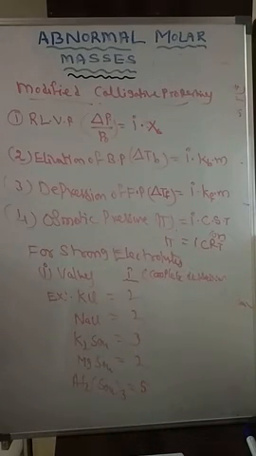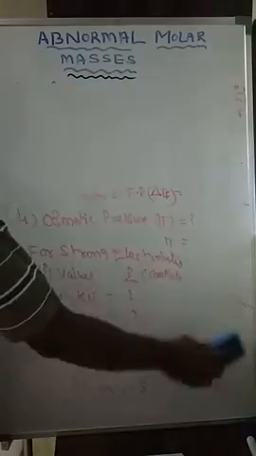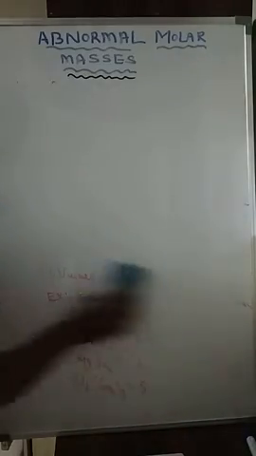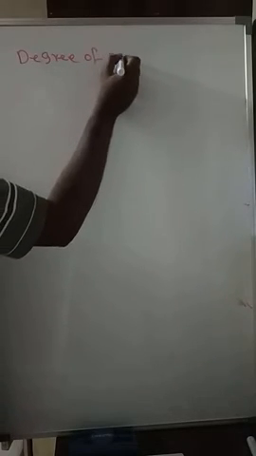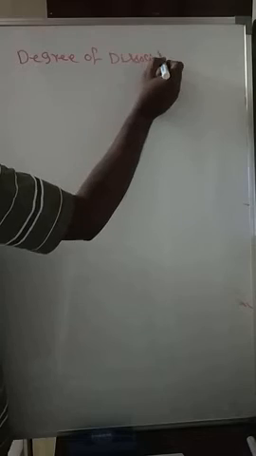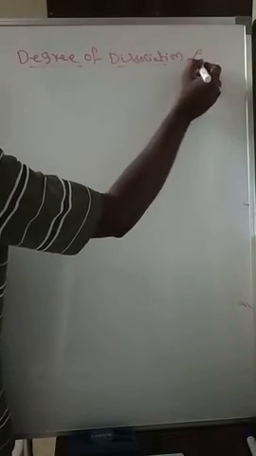Now using the Van 't Hoff factor, you can also find out the degree of dissociation, as well as the degree of association. So what is meant by degree of dissociation? Its symbol is alpha.